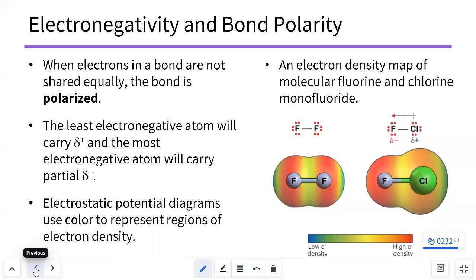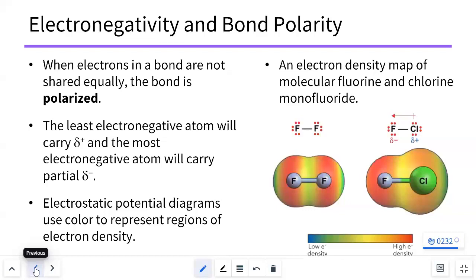Because the two are the same atom, they have the same affinity for the two electrons that they're sharing, and so there is no tug of war going on between them. They both are evenly interested in those electrons. The net result is a distribution map that shows no favoritism on one side or the other.